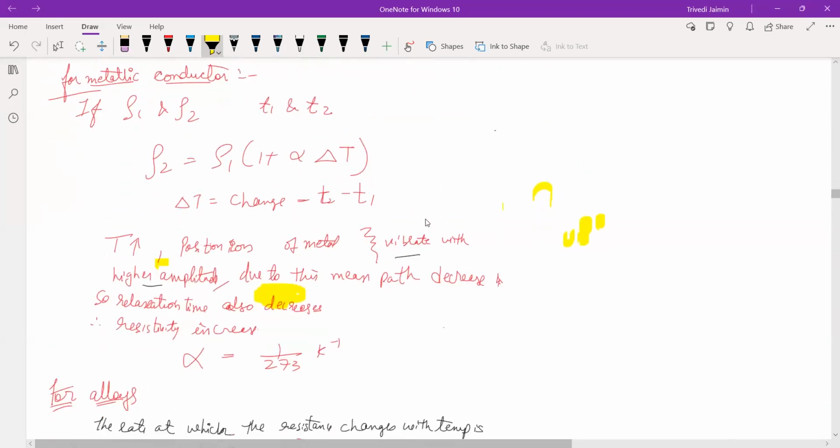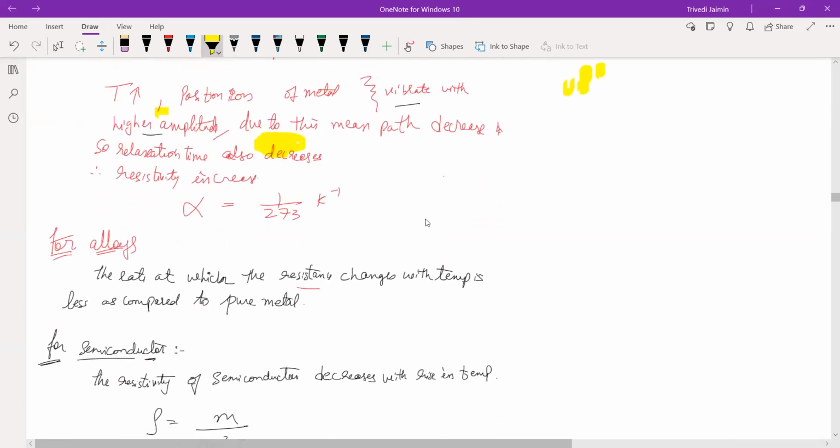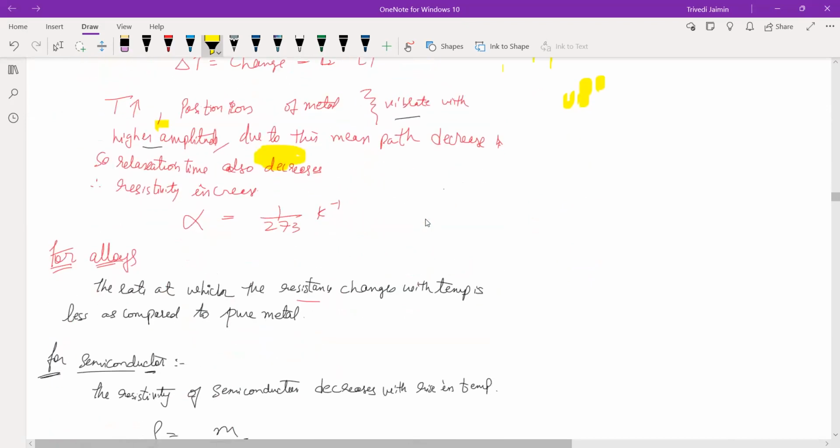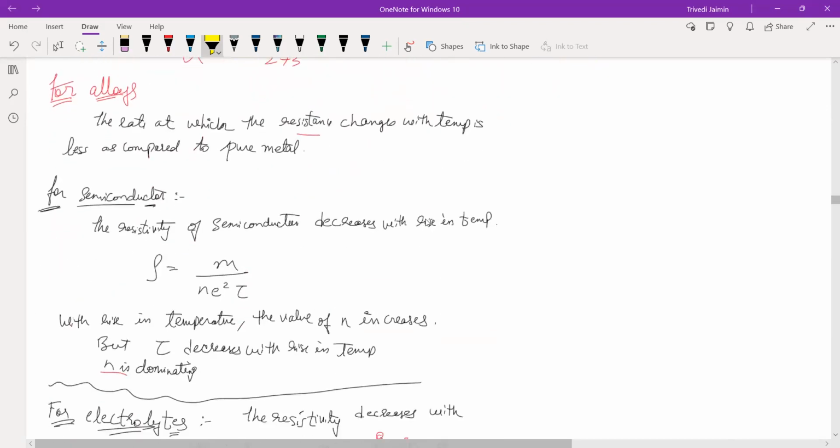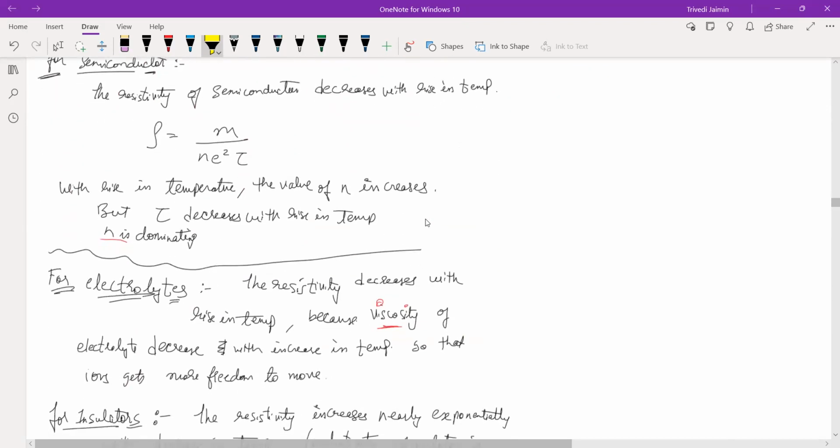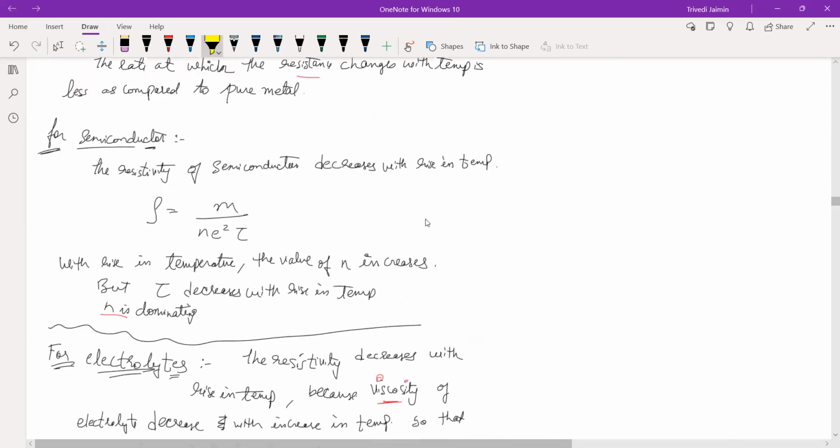Make a note so that you can remember this for conductors, alloys, semiconductors, and electrolytes and insulators also. Make a note of it.